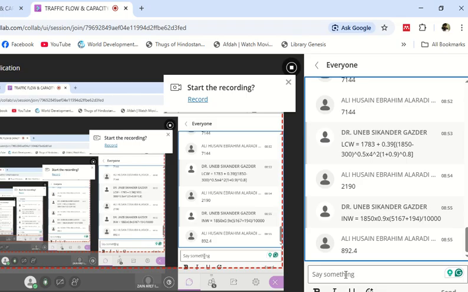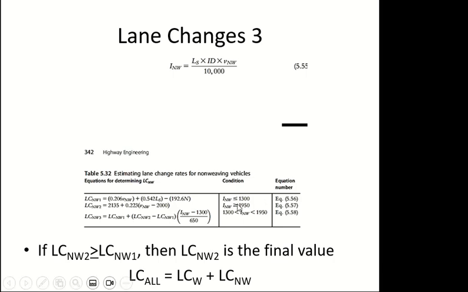Okay, so we are here in this range. I told you when you are in this range, you have to calculate both values and pick the higher one.